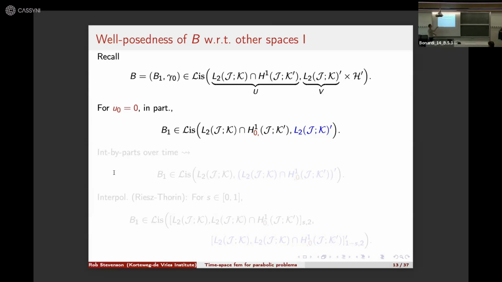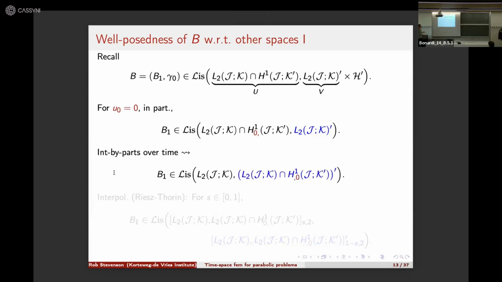And so if I take B1 and I replace H1 by H1 0, comma, what does it mean? These are the H1 functions that vanish at t is 0. So I incorporate the zero initial condition in the space, and I don't have to test with gamma 0. So B1 is bounded between those spaces.